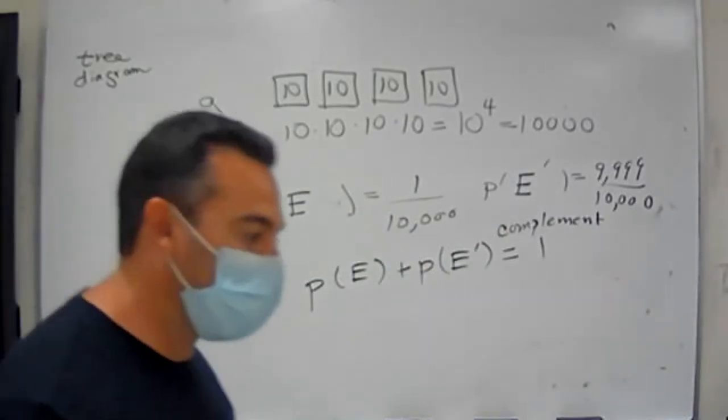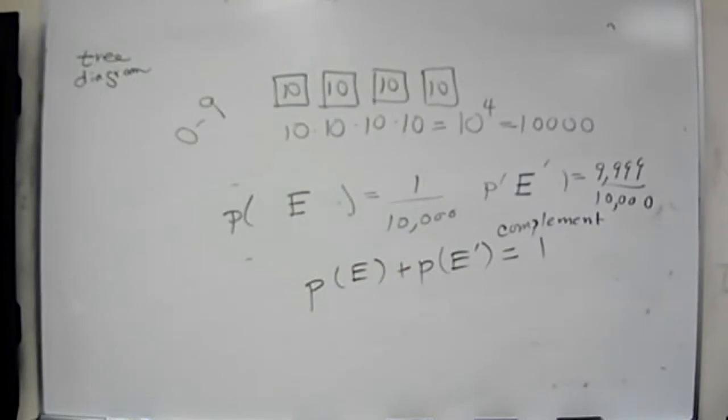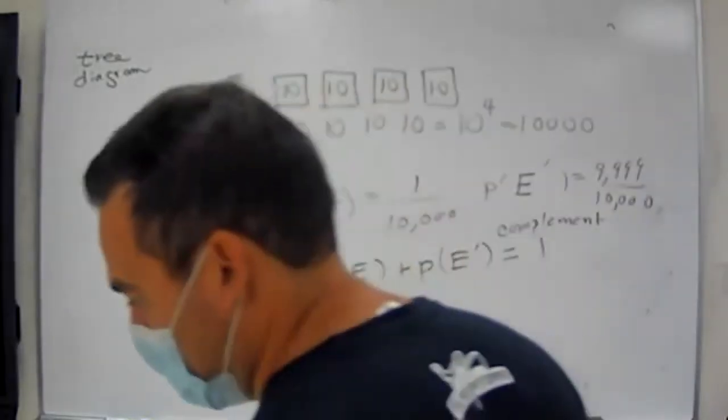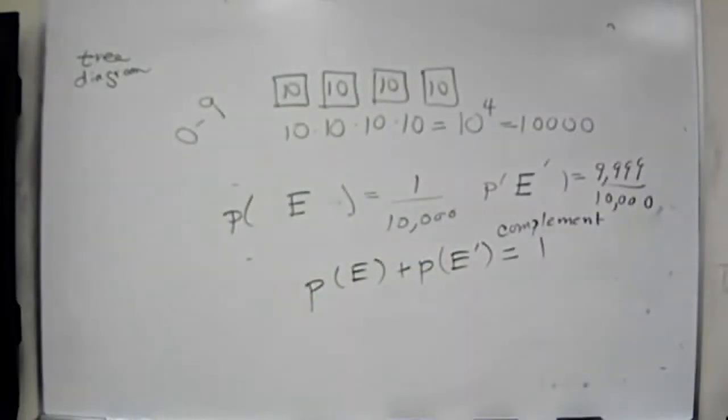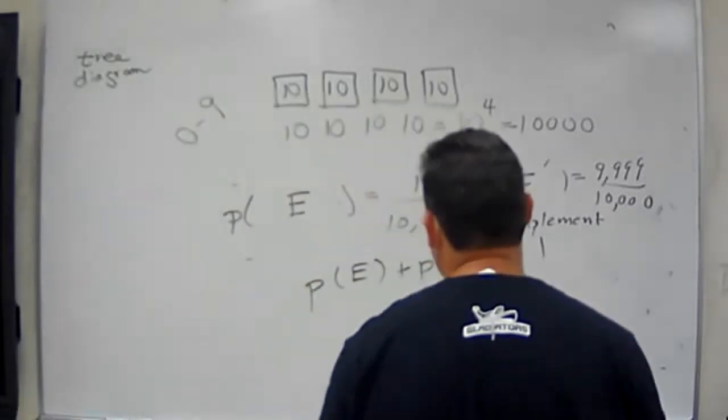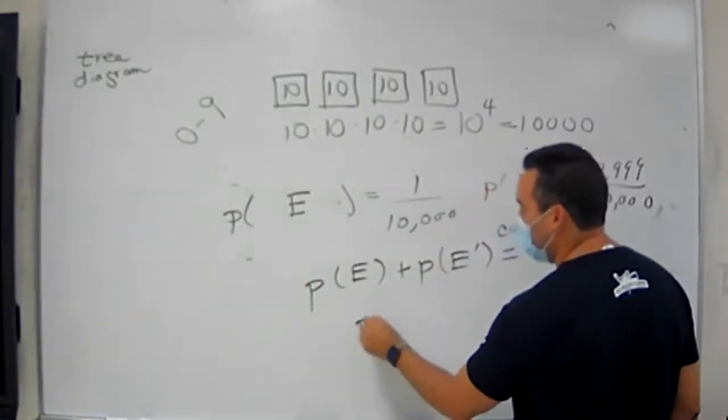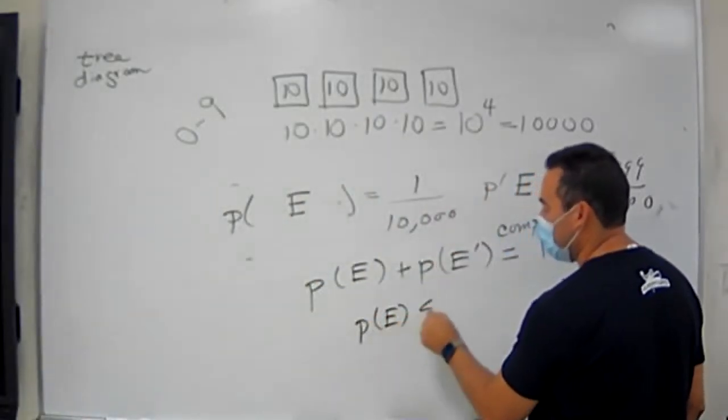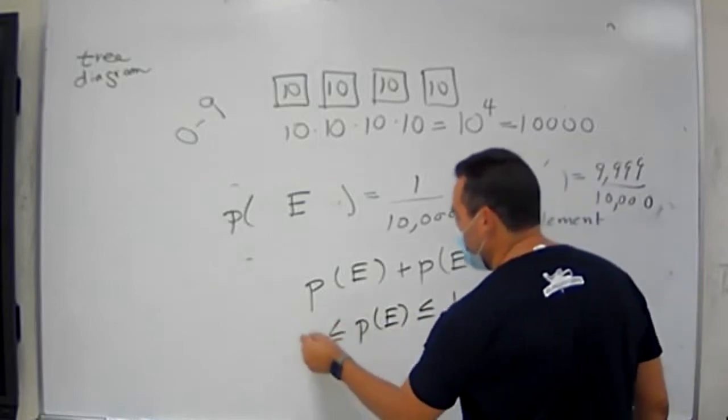All right, we're getting close to the end of class, so I'm going to try to wrap it up. Another rule is that the probability of an event is greater than or equal to 0 and less than or equal to 1.